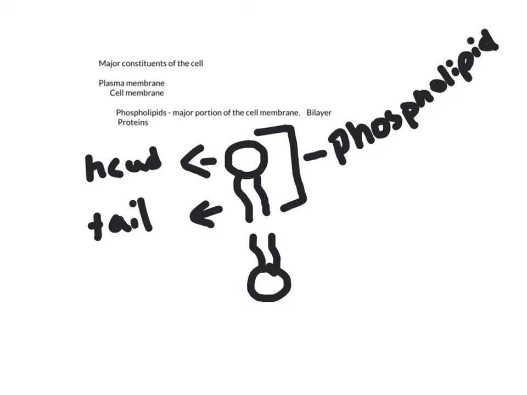So we see this phospholipid bilayer where we have one complete layer on top and one complete layer on the bottom. And what we had talked about before was that the tails themselves are hydrophobic, which, if you remember, means afraid of water, water-fearing.